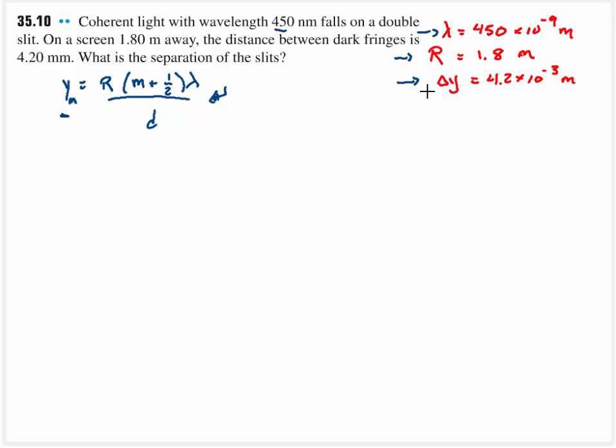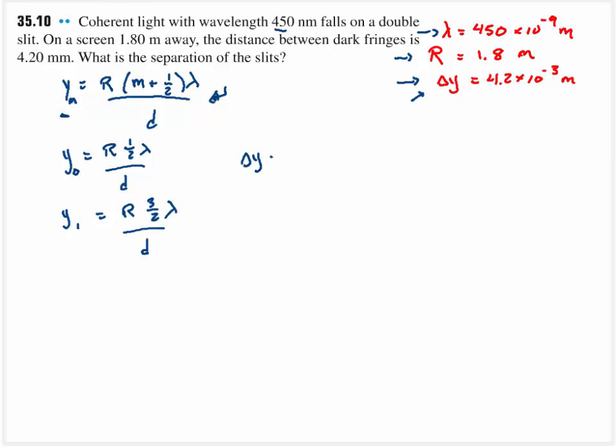Really what I'm given is a distance between the dark bands, so I can pick any two dark bands I want. Let's just pick m equal to 0, so y0 is R multiplied by 1/2 lambda divided by d. We'll pick y1, and that's going to be R multiplied by 3/2 lambda divided by d.